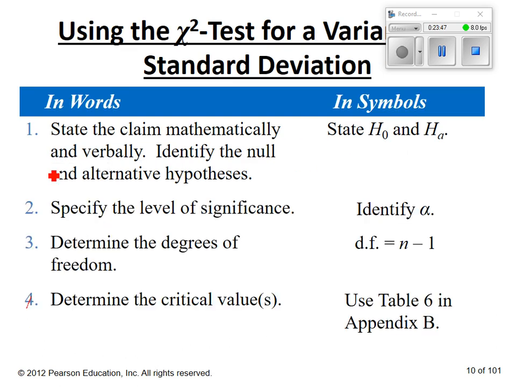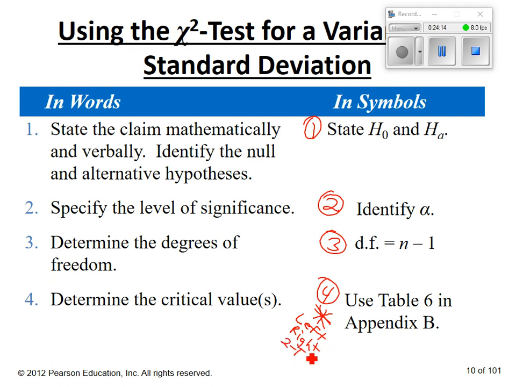I'm going to put all this up here, then I'm going to write something down here. These are your steps to do this. Nothing hard, except for on this one. On this one, remember, left-tailed, right-tailed, or two-tailed.